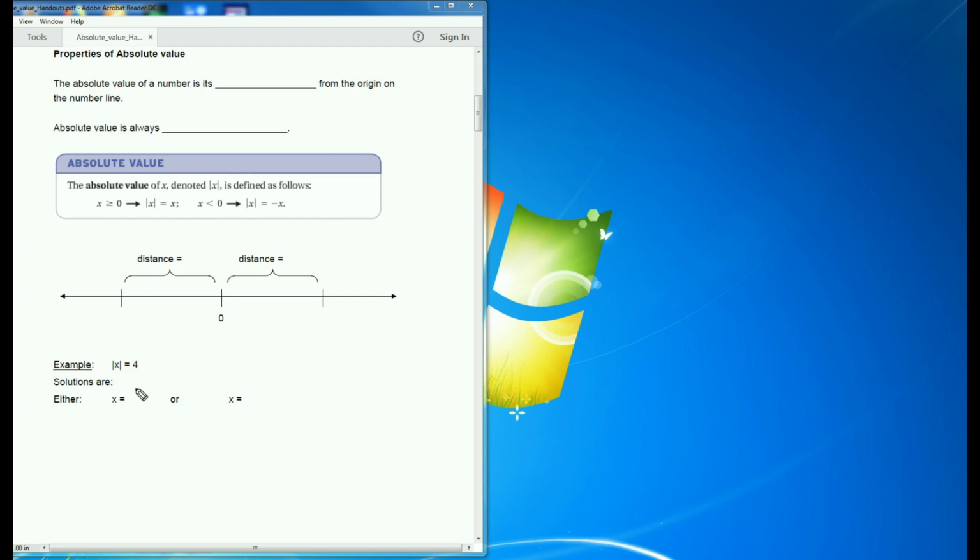Well, obviously, either x can be 4, because the absolute value of 4 is equal to 4, or x can be negative 4, because the absolute value of negative 4 is also equal to 4. Because both 4 and negative 4 are a distance of 4 units away from the origin, from 0. Remember, distance is a physical quantity. It's always a positive number.